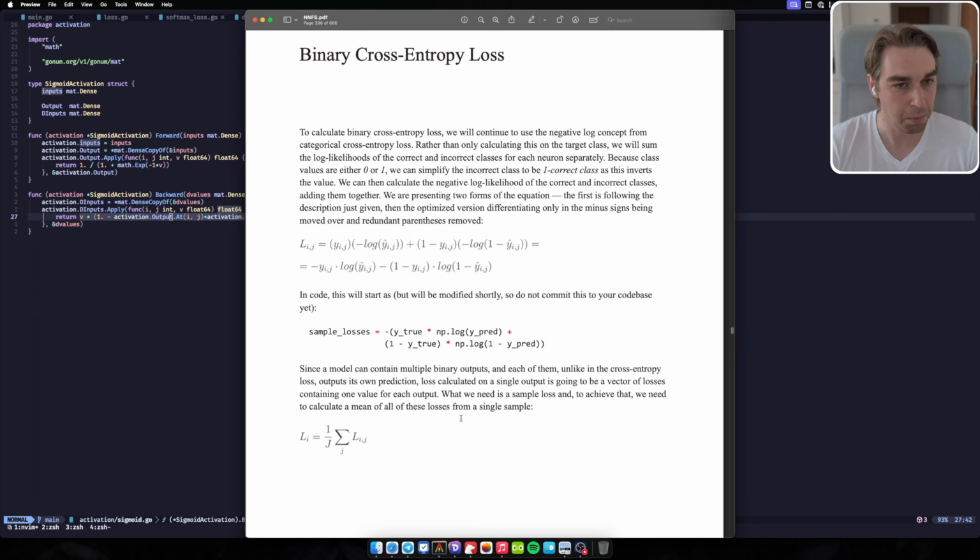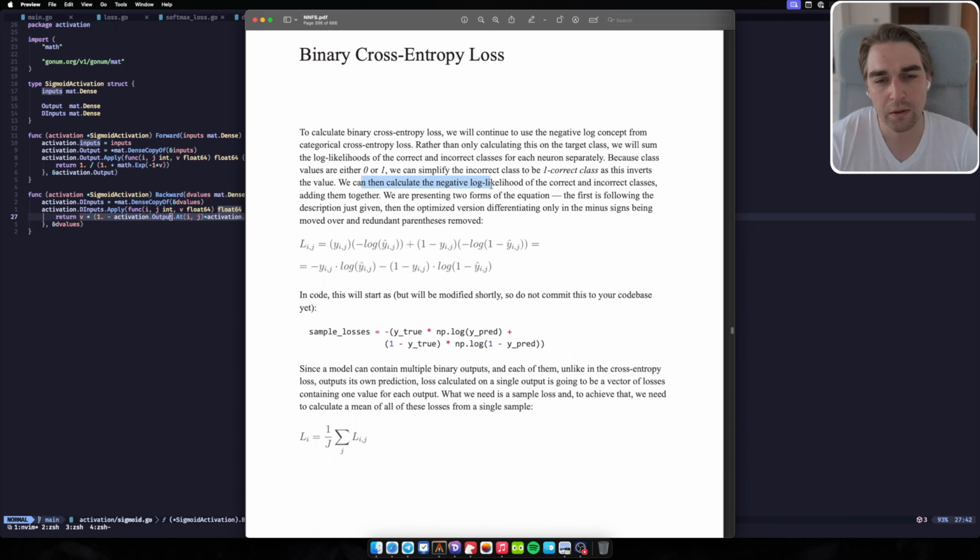Now we go into the binary cross-entropy loss. To calculate binary cross-entropy loss, we will continue to use the negative log concept from the categorical cross-entropy loss. Rather than only calculating this on the target classes, we'll sum the log likelihoods of the correct and incorrect classes for each neuron separately. Because class values are either 0 or 1, we can simplify the incorrect class to be 1 minus the correct class, as this inverts the value.